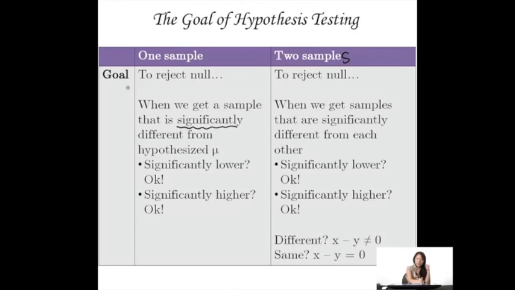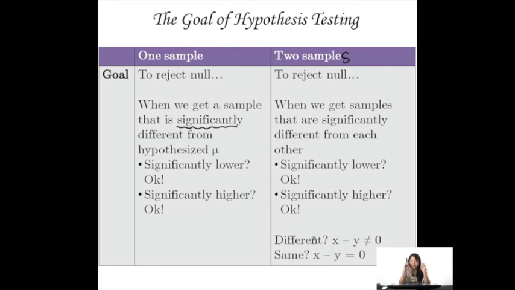Once again, just like the one sample, we can't say whether they're sufficiently similar, but we can say whether they're sufficiently different. And it's okay if X is significantly lower than Y or X is significantly higher than Y. We don't really care. We just care about significantly different. And if you don't care about which direction, these are called two-tailed hypotheses.